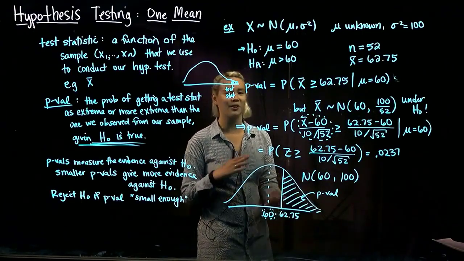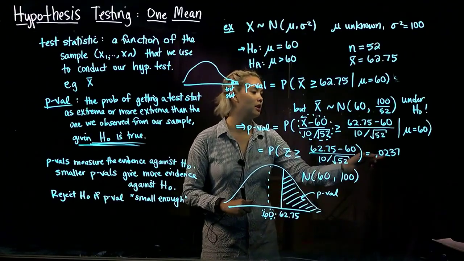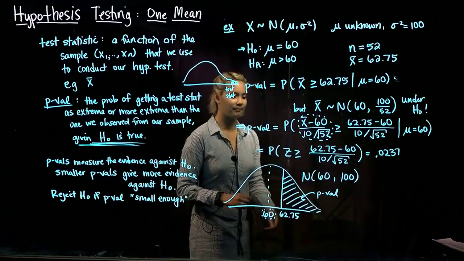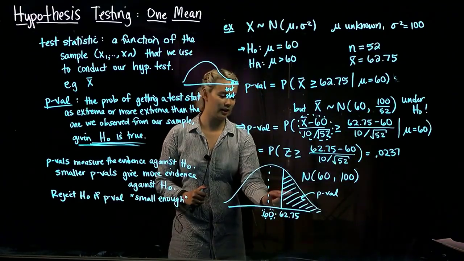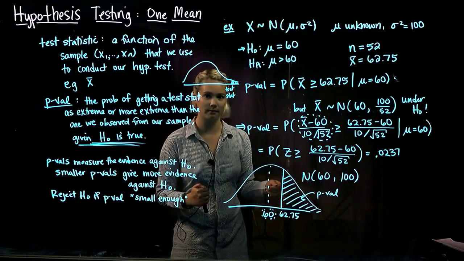All right, so then we can go to our table or pnorm, and we can calculate our p-value is 0.0237. So this shaded area here, which we said is our p-value, is 0.0237.